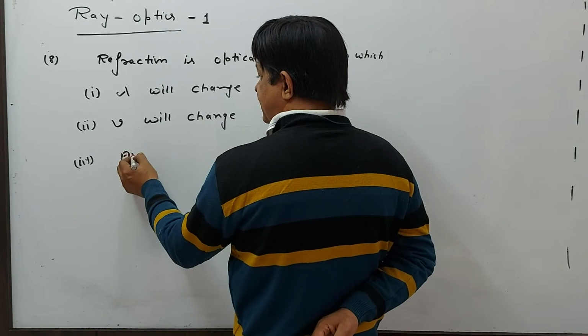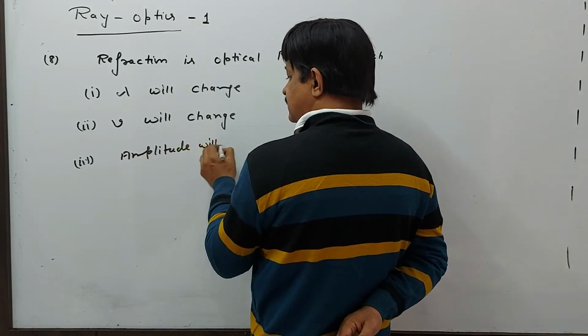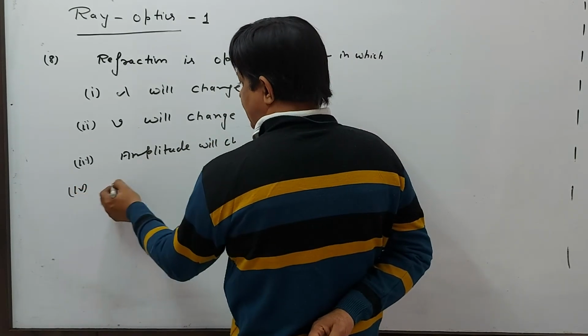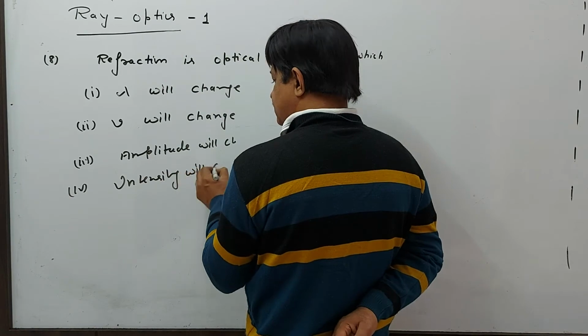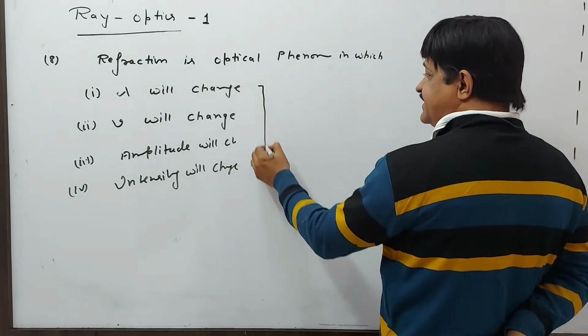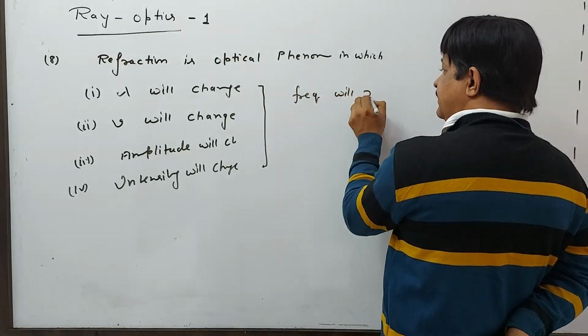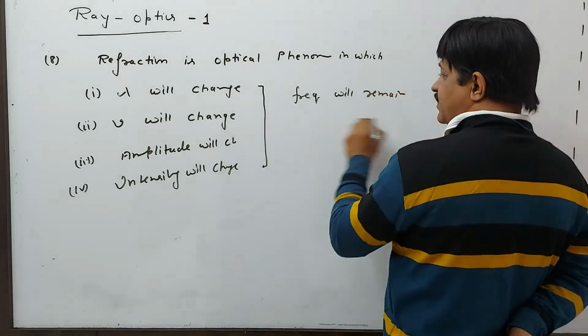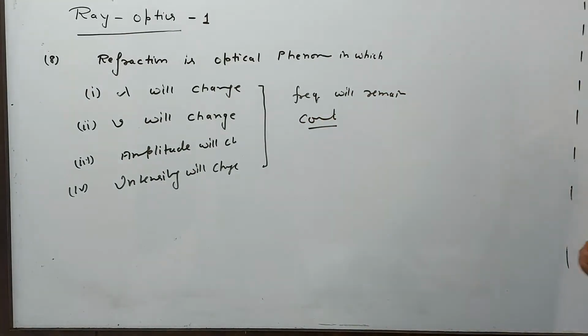Third, amplitude will change. Fourth, intensity will change. Then which quantity will remain the same? You will say it is only the frequency that will remain constant. So in the phenomenon of refraction, all other parameters will change except frequency.